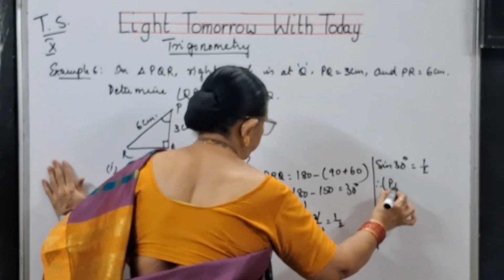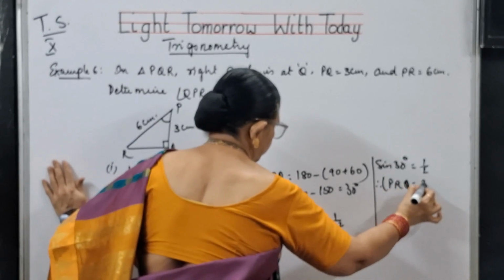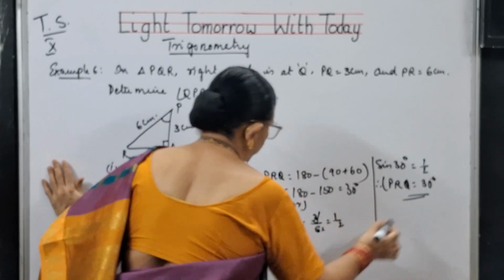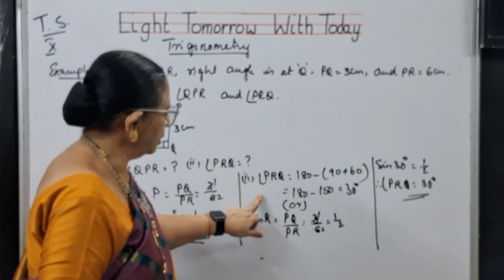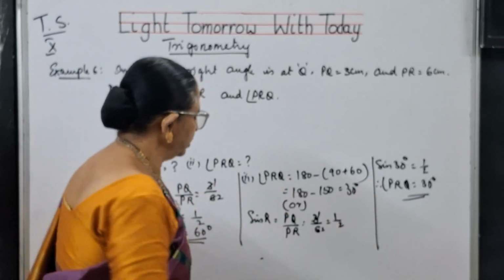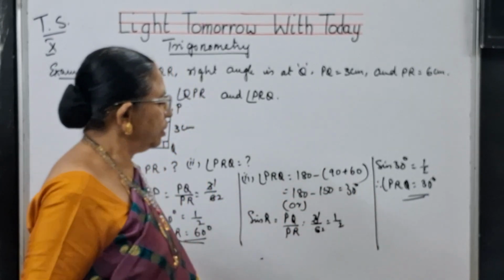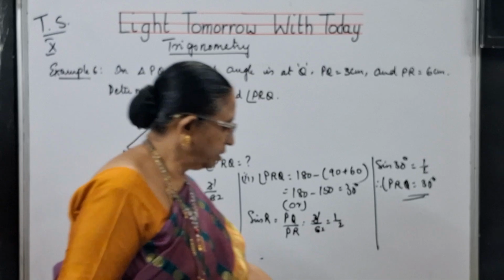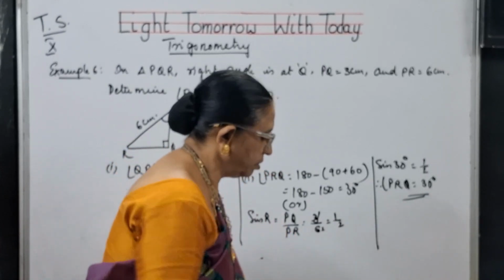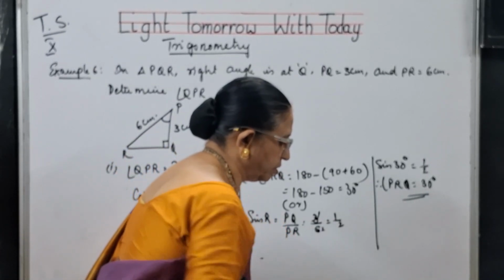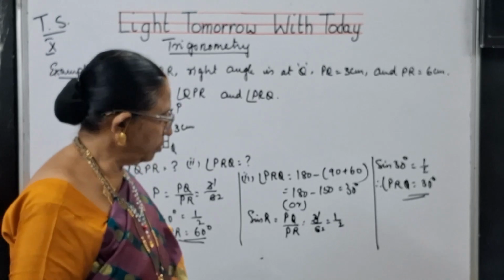Therefore, angle PRQ is equal to 30 degrees. So, either you go for this method or you go for this method. Any one you can do to get it as 30 degrees. So, this is example 6. Please note it down.